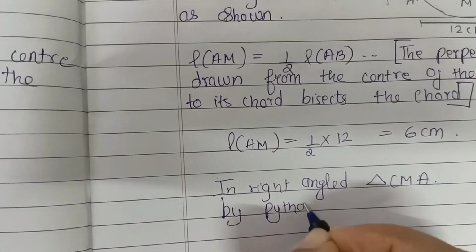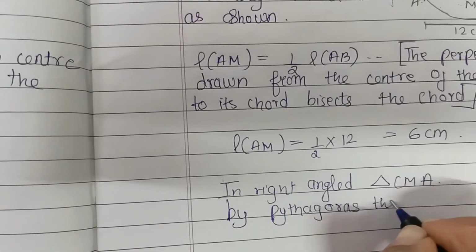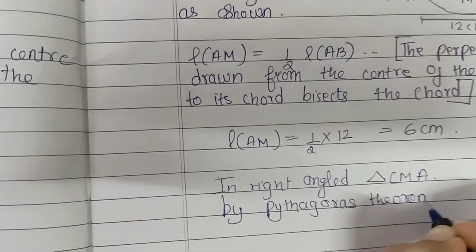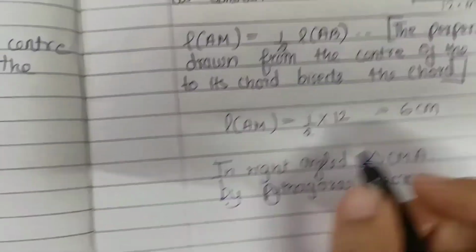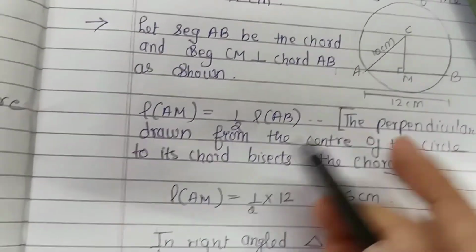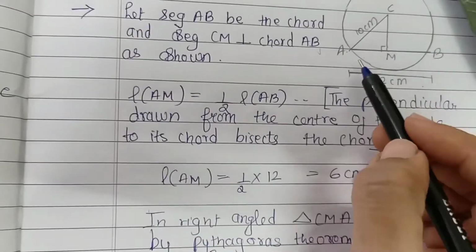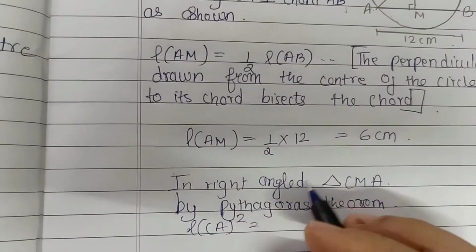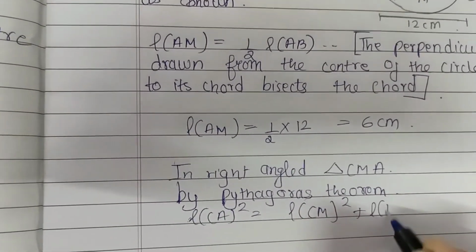So all the sums are quite similar. If you understand the concept, it becomes very easy to solve these questions. So by Pythagoras theorem, now this is the hypotenuse. So length CA is the hypotenuse: CA square is equal to the sum of the squares of both the sides, that is CM square plus AM square.